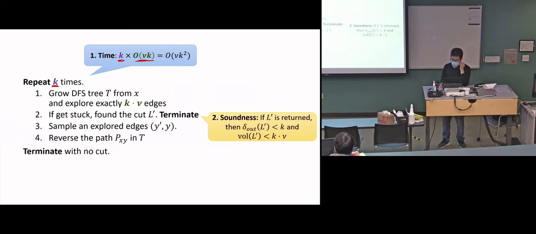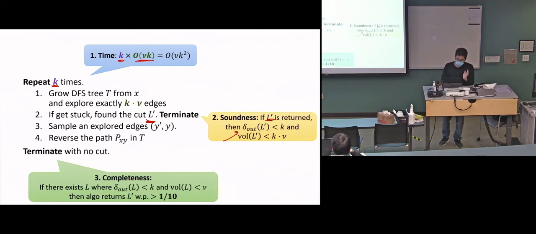There are two things I want to tell you. First, if it does return some cut, L prime, this is a cut in the modified graph. I want to say that this cut is actually a good cut that we want in the original graph. So in the original graph, if L prime is returned, you have that the size is at most k and the volume is at most k nu.